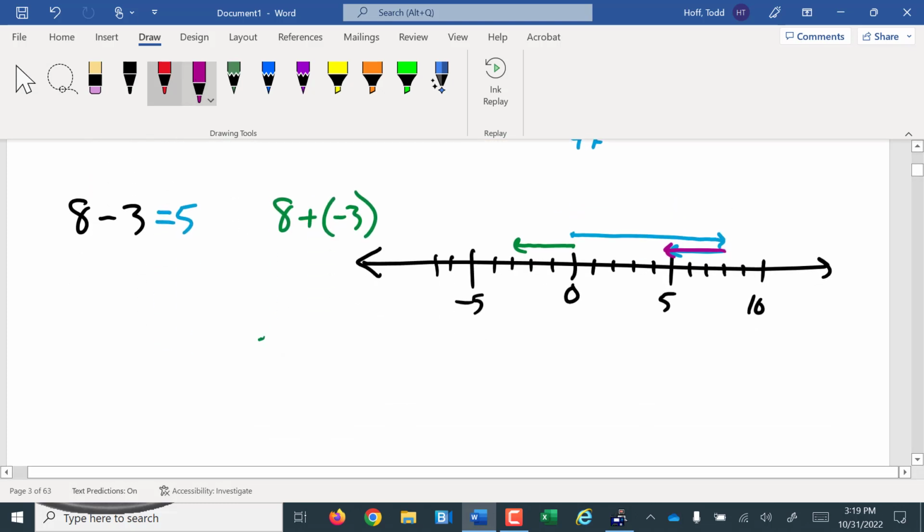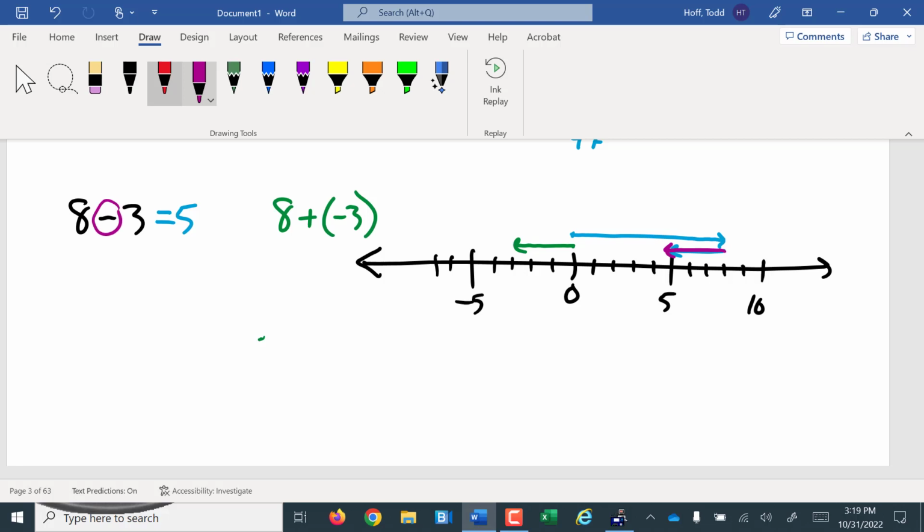We talked a little bit at the beginning of the semester saying subtraction is part of addition. It technically is a form of addition. It's defined as part of addition. That symbol right there acts on the number that comes after it. And subtraction literally means add the opposite. Well, what's the opposite of 3? Negative 3. So subtracting positive 3 is adding negative 3.